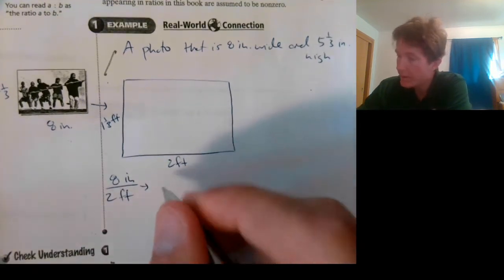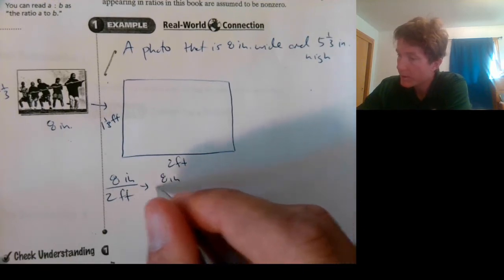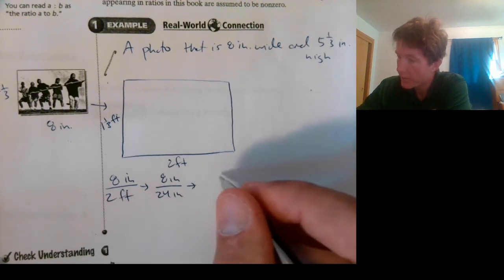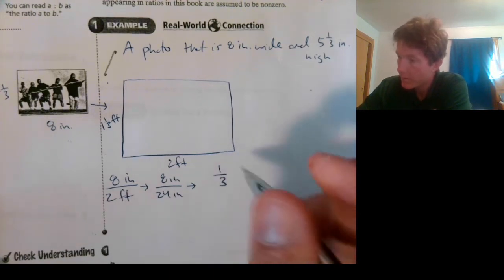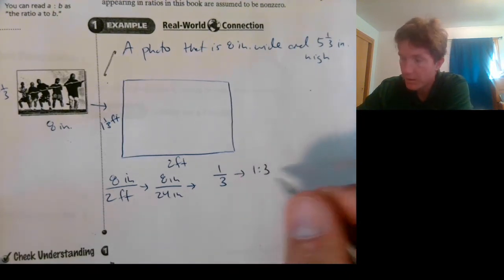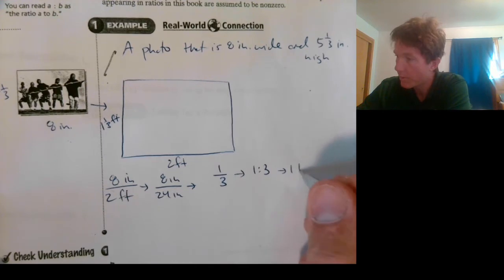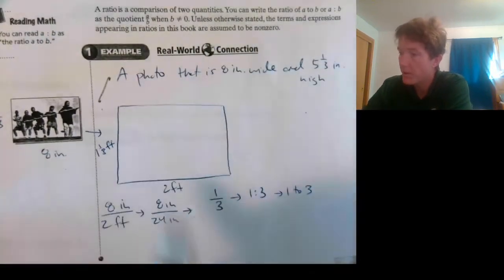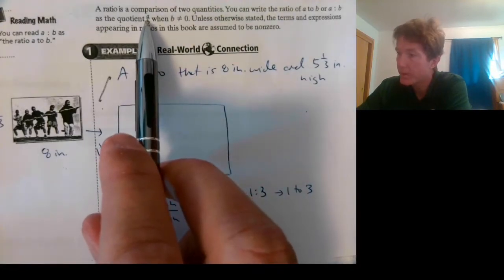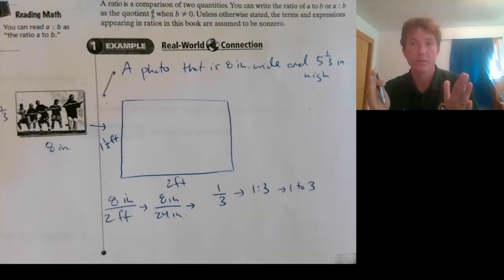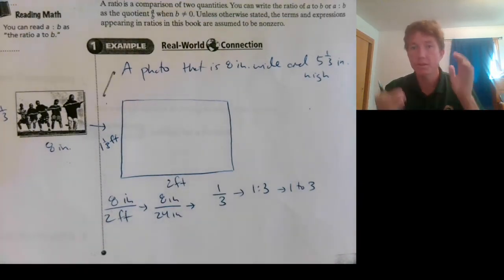I'm going to convert that to 8 inches over 24 inches, and then I can simplify that on down. We're looking at a 1 to 3 ratio. You can write it like this: 1 colon 3, or 1 to 3. Okay. So notice how the smaller number went on top. Just to get everyone on the same page, usually you want to use the smaller number first.